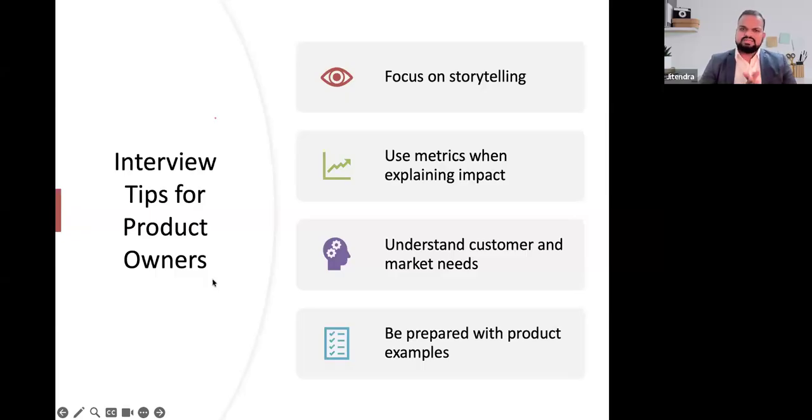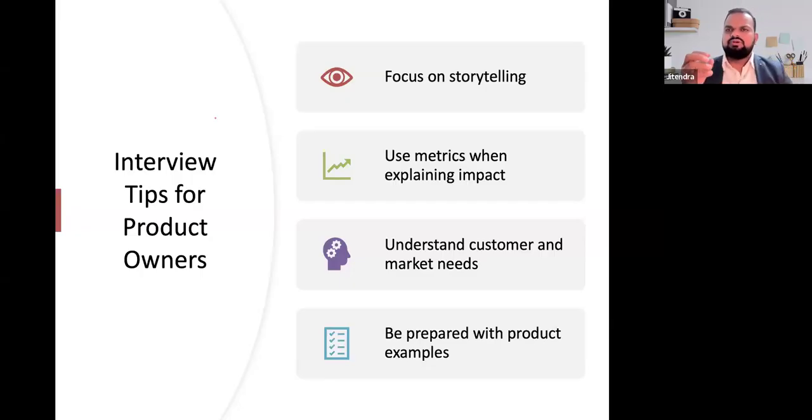Okay. Now the next thing we're going to talk about in the next few minutes is, if you're someone who is approaching the PO job role, the product owner job role, certain tips which are going to help you crack the interview. First thing first, the product owner job role is about being product focused.